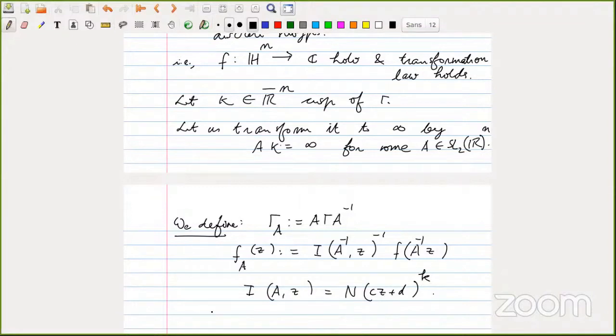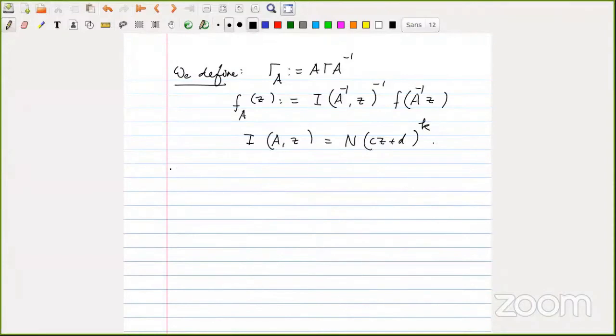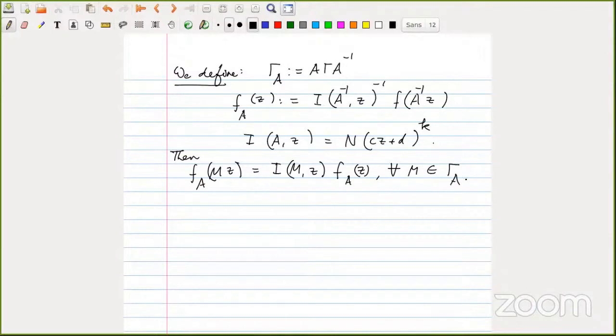Then one can check the following. This is an easy check: f A of mz equals j of m z times f A of z, for all m inside this new discrete subgroup gamma A. So what do I see from here?